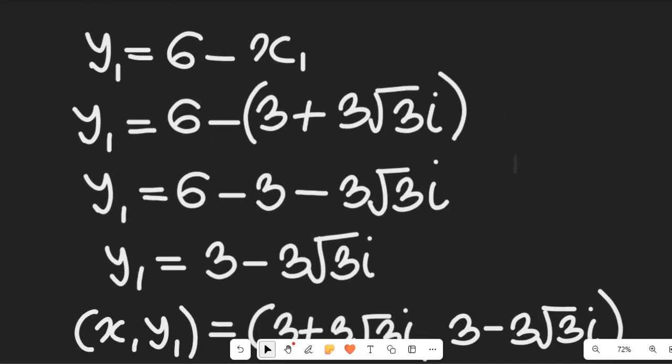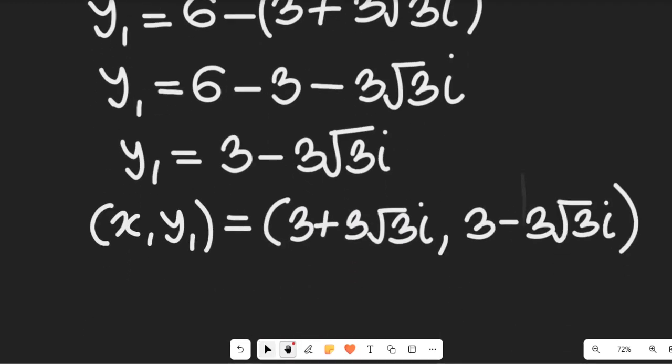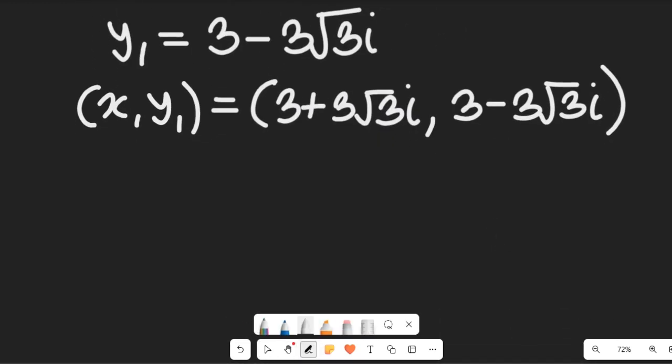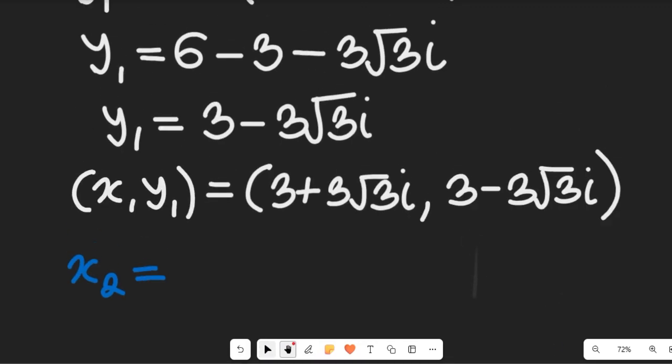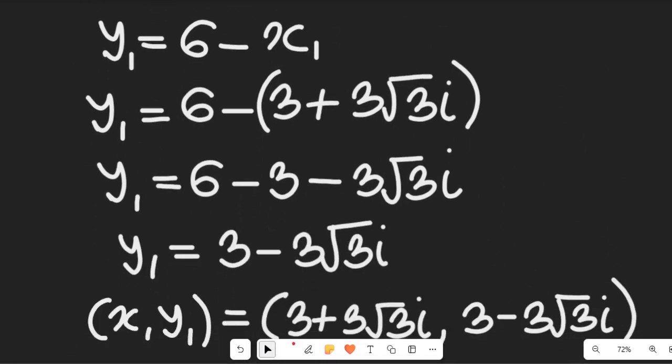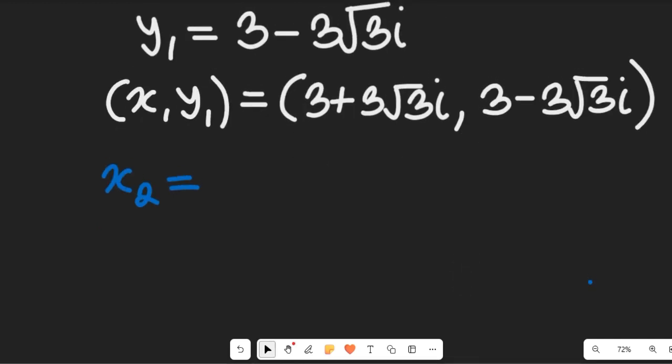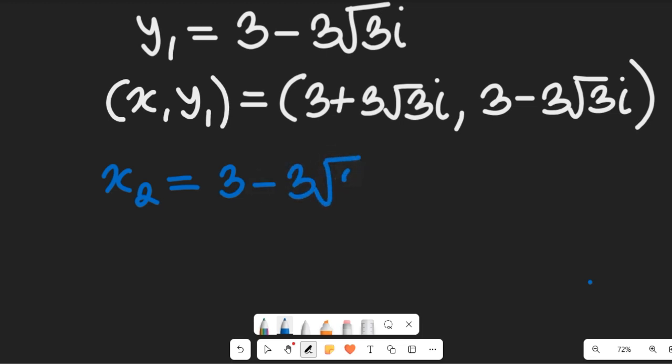From the next solution, we can find the value of x2. If the value of our x2 is equal to 3 minus 3 root 3i, then our y2 will be equal to 6 minus x2.